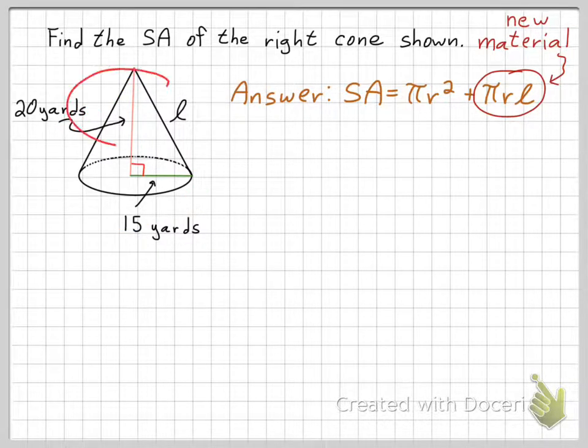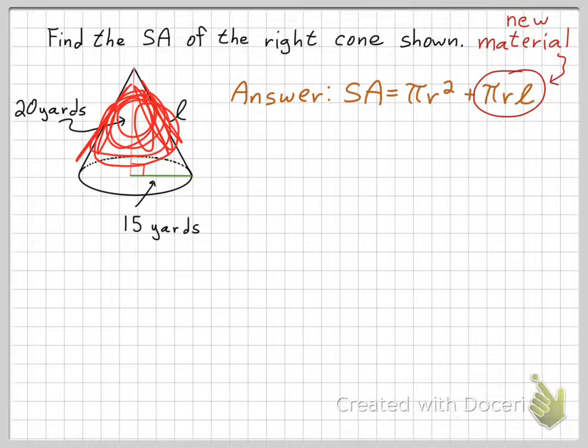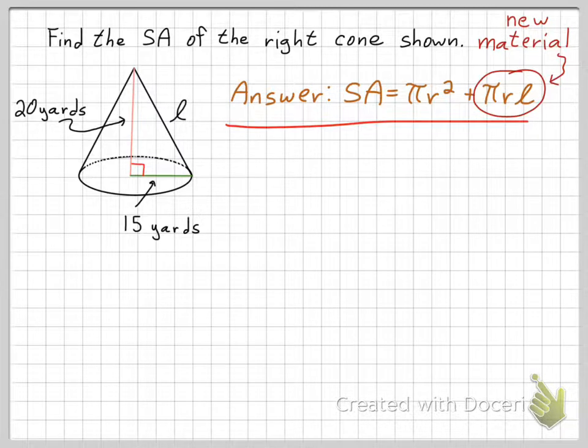The conical part that you generally hold, the waffle cone itself, that surface area is pi rl. You take pi, multiplied by the radius, and then by the slant height, and you get the surface area of just the waffle cone part itself, the part that you generally hold when you eat a waffle cone. So that's our formula.